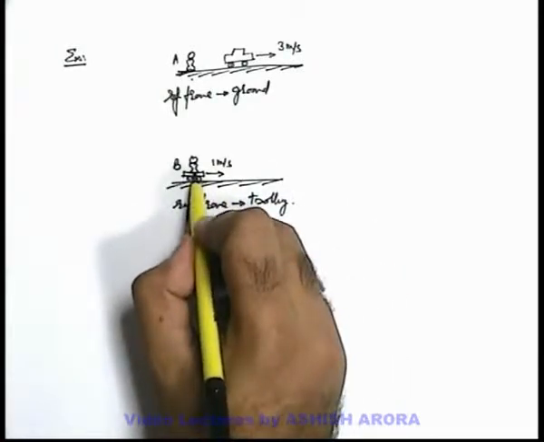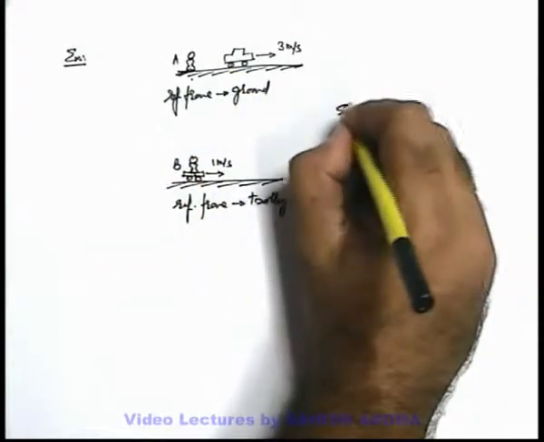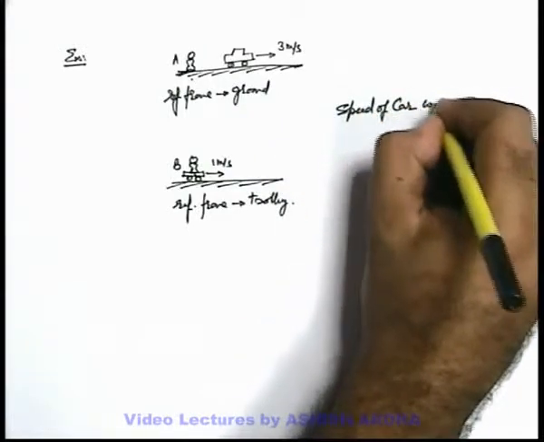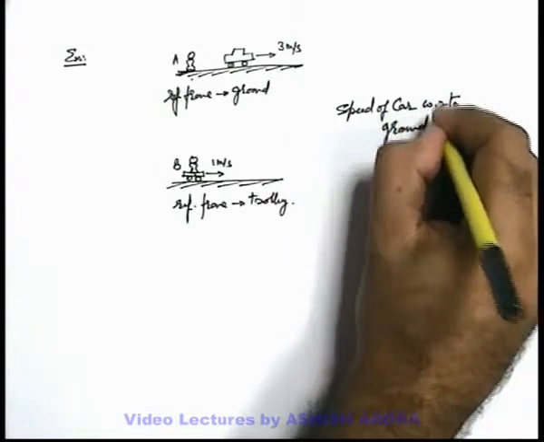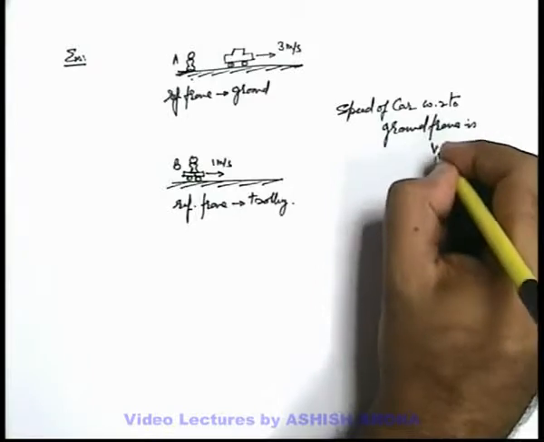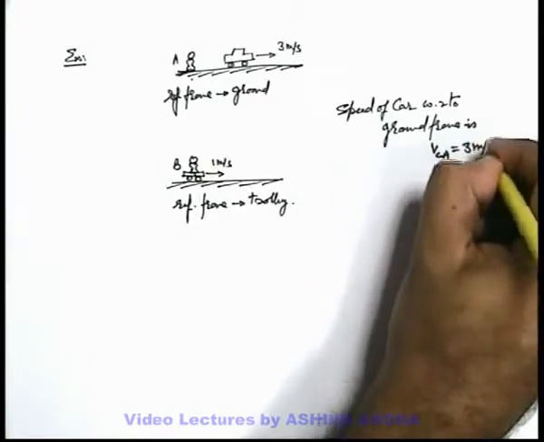From this trolley, observer B measures the motion of the car. The velocity of the car as measured from the ground frame is 3 meters per second.